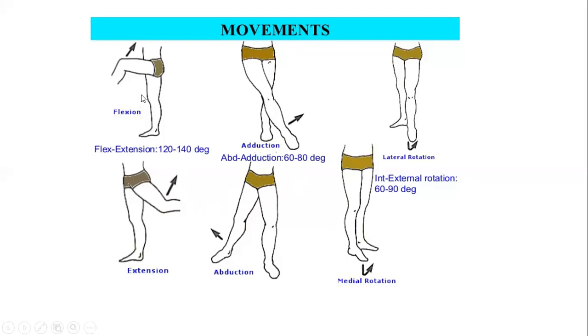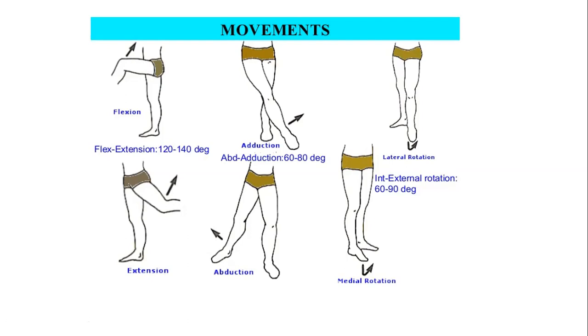In flexion, if you can see in this diagram, flexion of the hip joint, the upper surface or the dorsal surface of the thigh comes into contact with the ventral surface of the abdomen and pelvis, hence limiting the flexion of the hip joint.